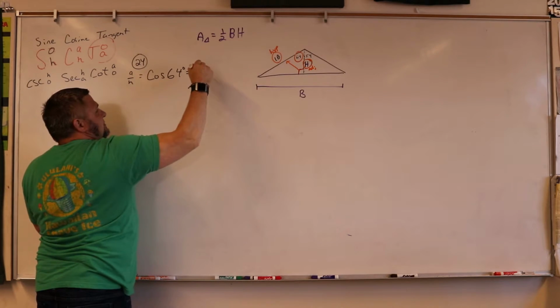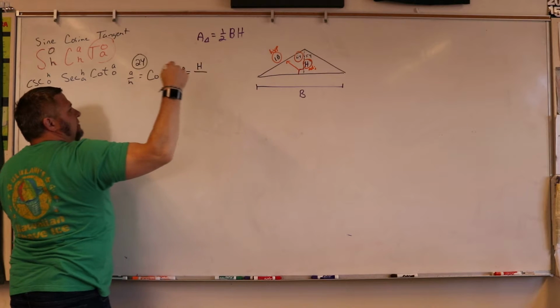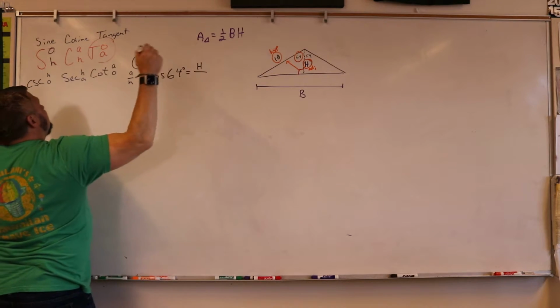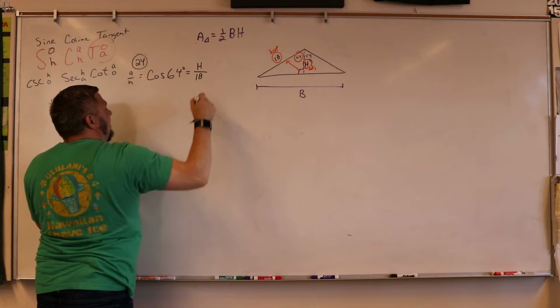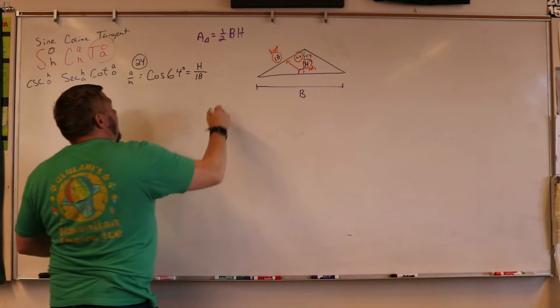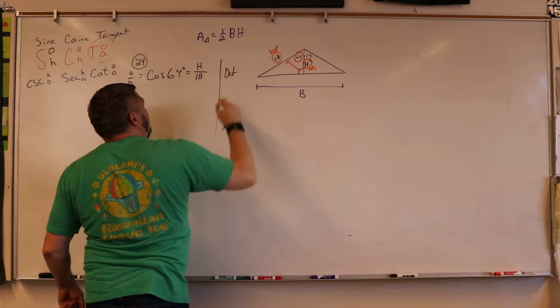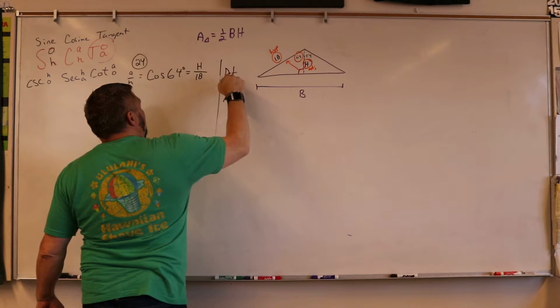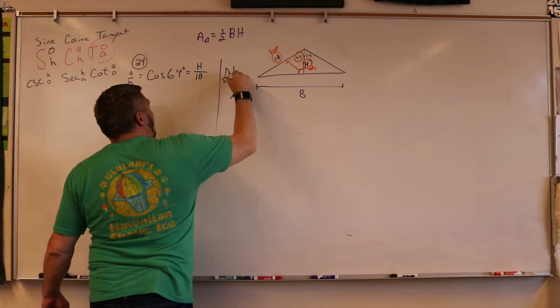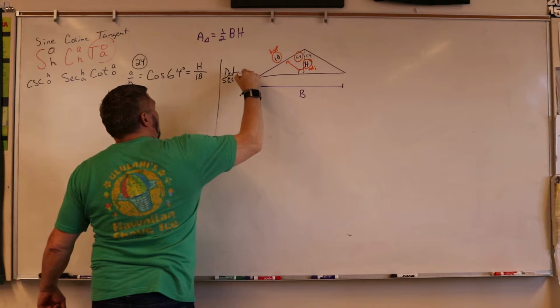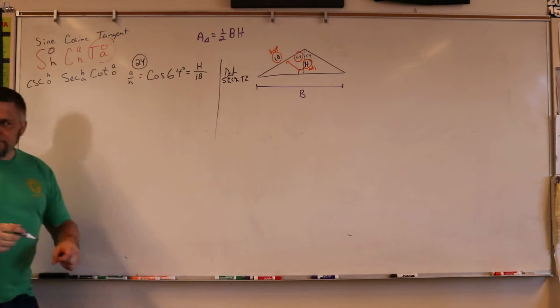The adjacent? H over 18. Okay? And so that is the definition of SOHCAHTOA. Okay? Alright.